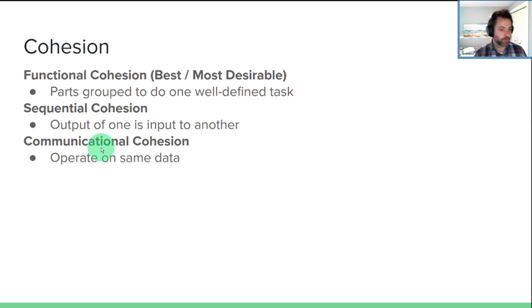Communication cohesion, or communicational, we are going to operate on the same data set. So think of MVC, where your model is the same data for everybody in the system. Think of it as a high-level class diagram type of thing, visual. I've got classes 1 through 20, and they are all tied to the same model.